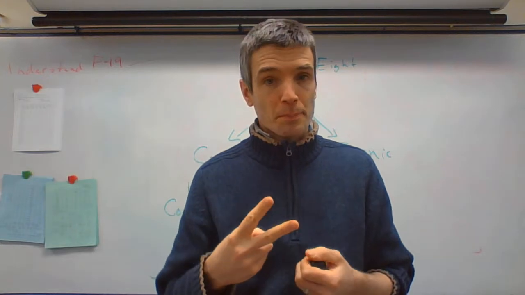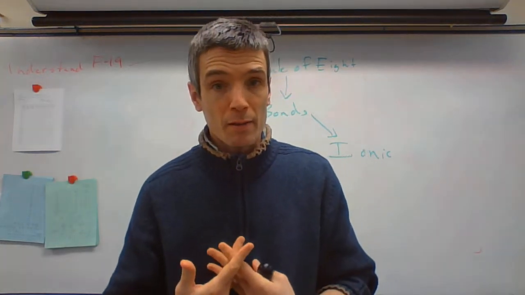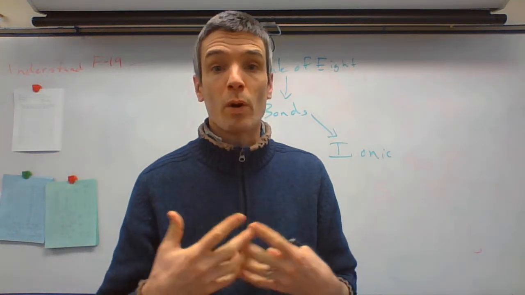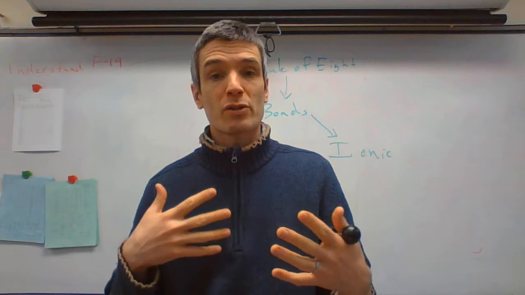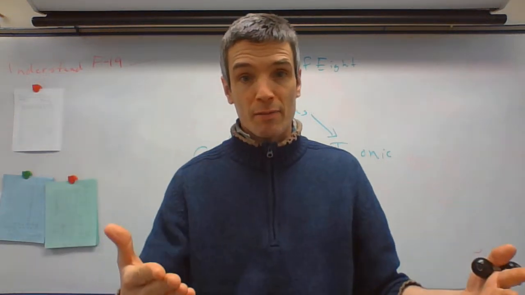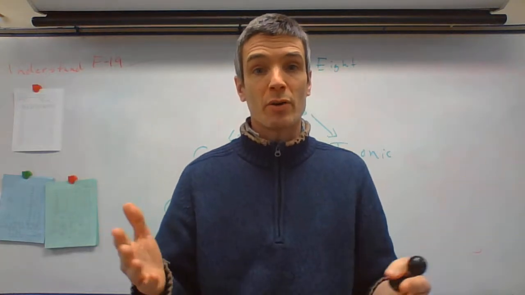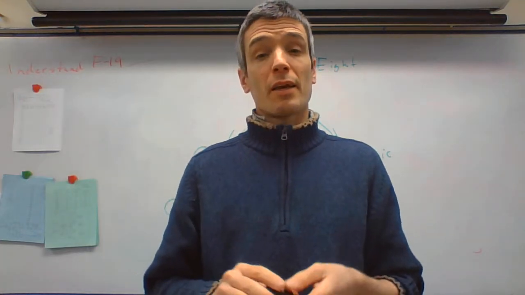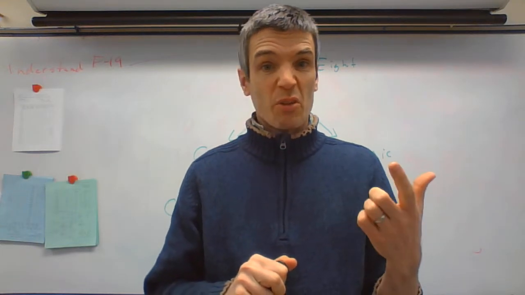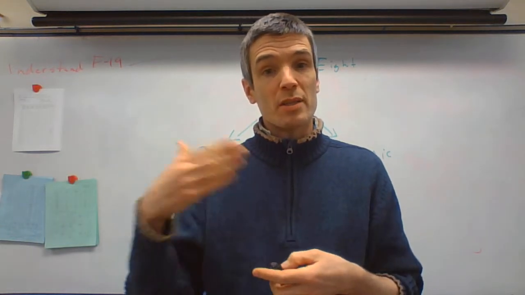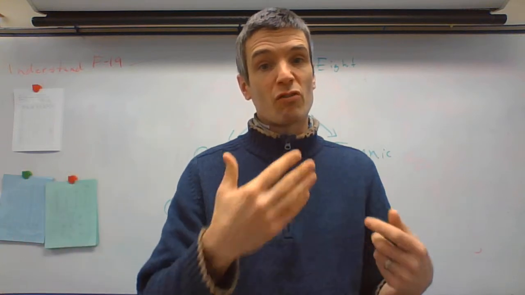Now, it all comes from the rule of 8, and the rule of 8 is, once again, that atoms want 8 valence electrons, or naturally tend to get these 8 valence electrons by doing something with the ones that they have in their elemental state. Now, they can do one thing or another thing. One thing is they lose them to another atom, and the other thing that they can do is they can share.